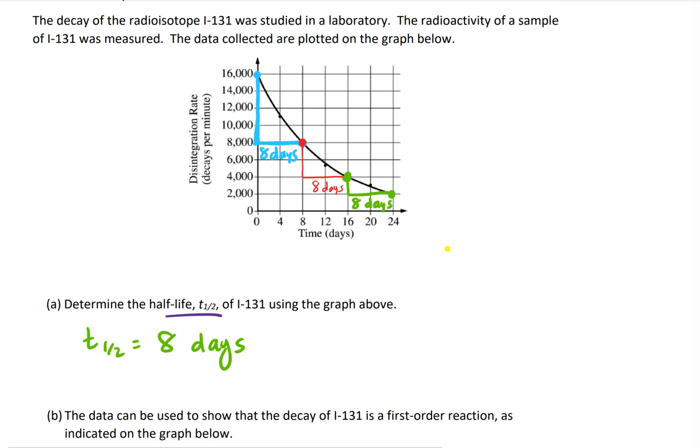Every single time is 8 days. If it was zero order or second order, the half-lives are not constant, but in this class we are only concerning ourselves with constant half-lives, so therefore we're only looking at first order reactants with regards to half-lives.